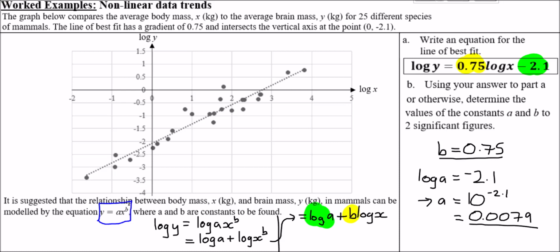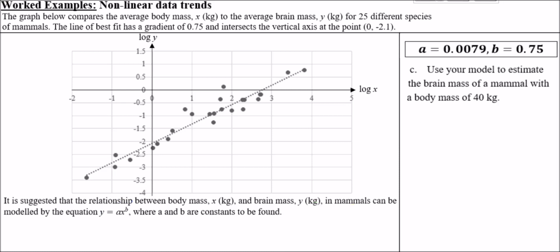So next up, part C, and the final part to it, we're going to use this model now to estimate the brain mass of a mammal with a body mass of 40 kilograms. And so now we can fit these two constants to this model. So y equals ax to the b now becomes y equals 0.0079 x to the power 0.75.